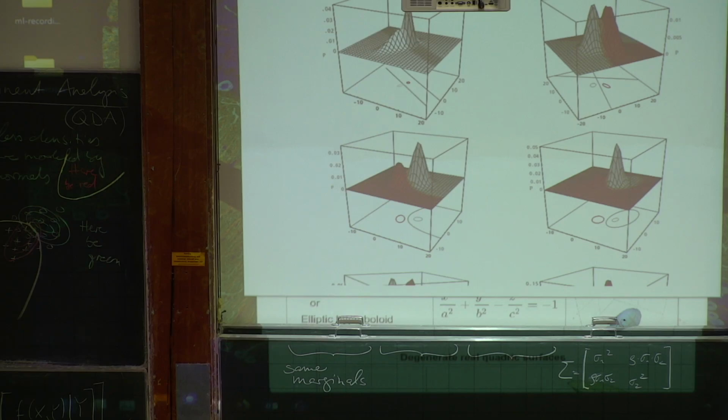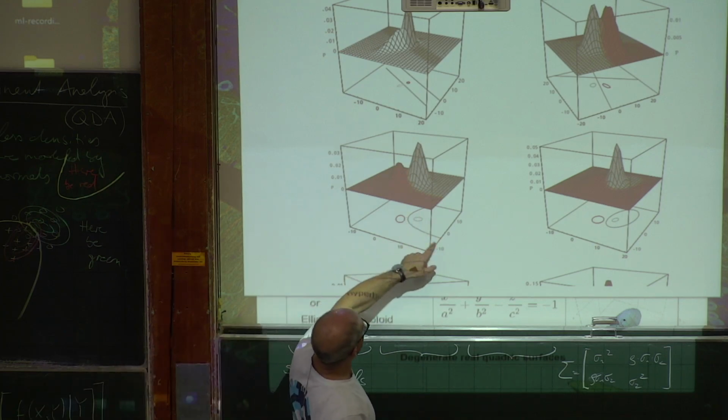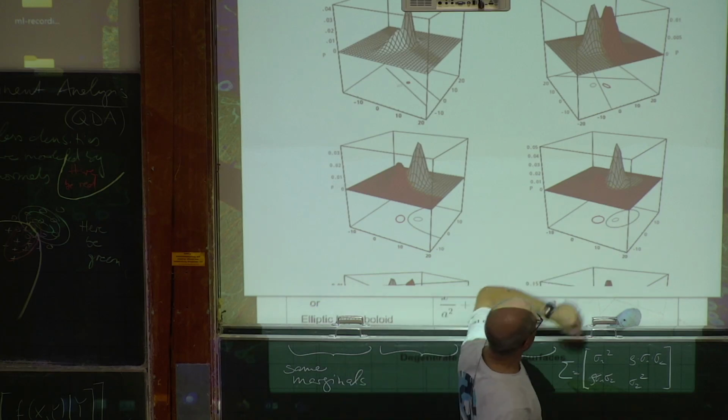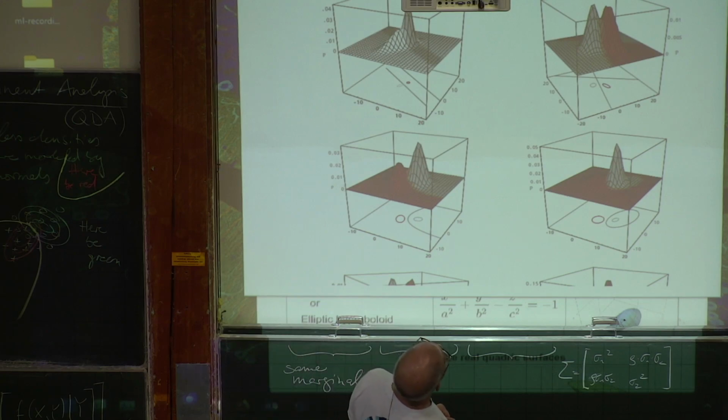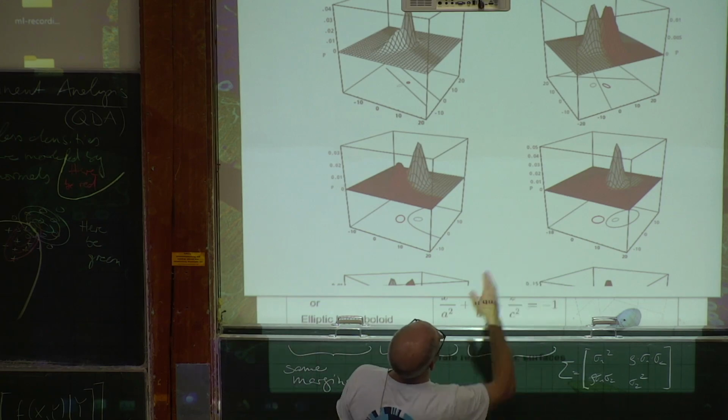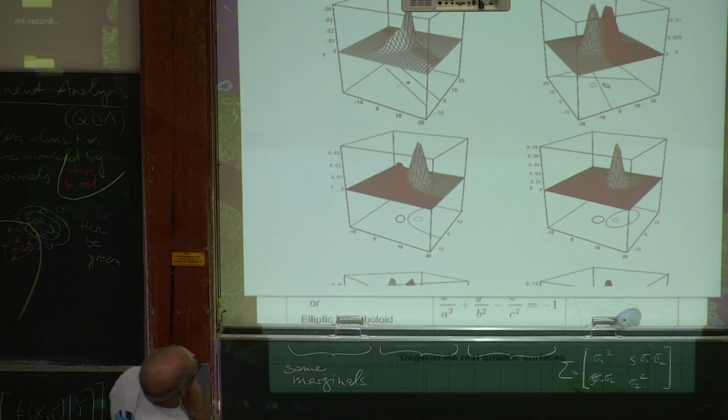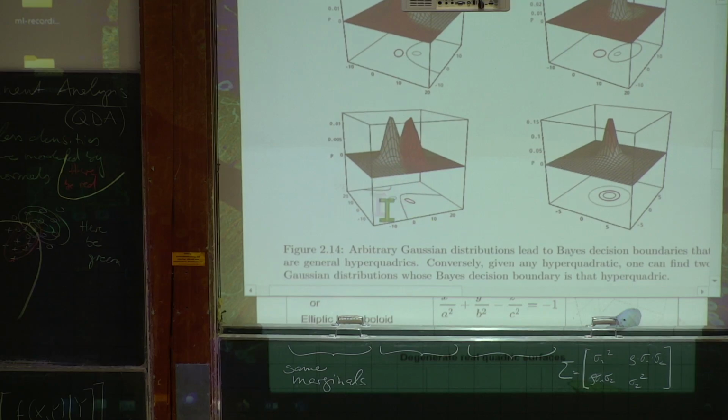So here, for example, we have this parabolic decision boundary. Here we have an elliptic decision boundary. Up there we have a degenerate case, two intersecting lines. On the top left, another degenerate case, two parallel lines for our decision boundary. Here a hyperbola, and here a circle, I believe. Okay. Good.